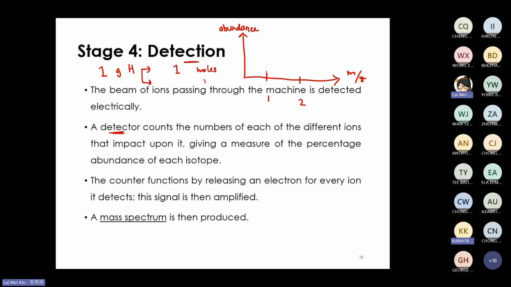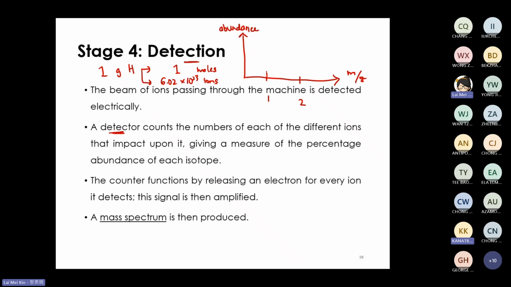So for 1 mole, how many ions? 6.02 times 10 to the power 23. So if I put in 1 gram of hydrogen, I will have 6.02 times 10 to the power 23 ions shooting inside.